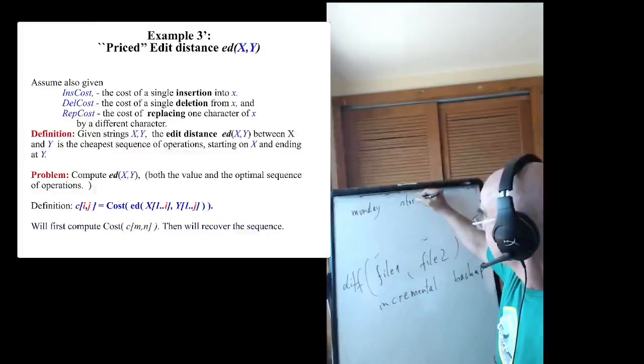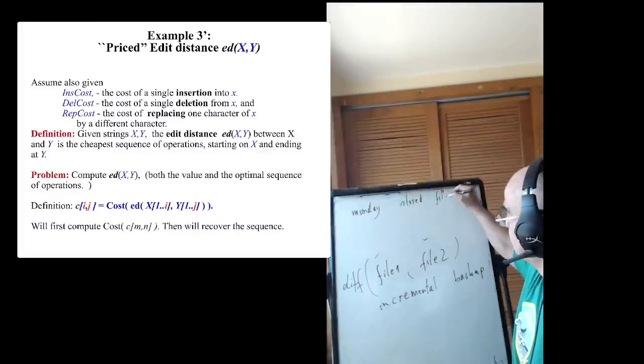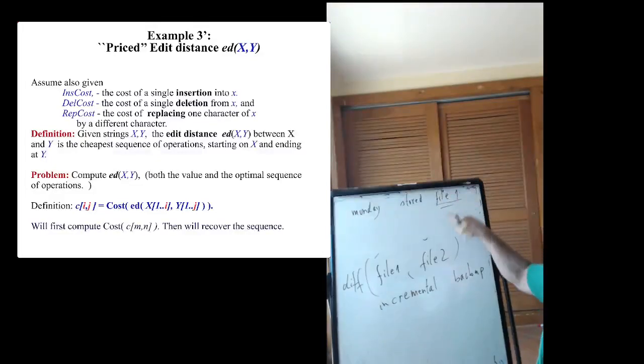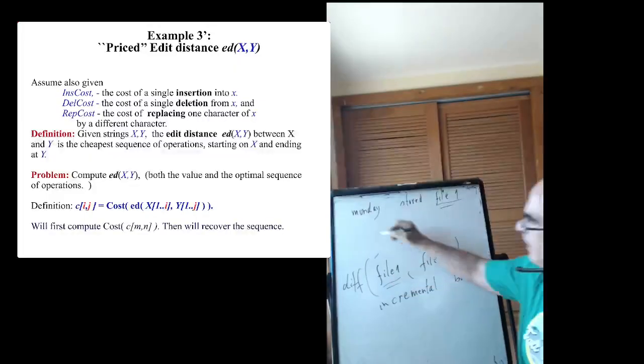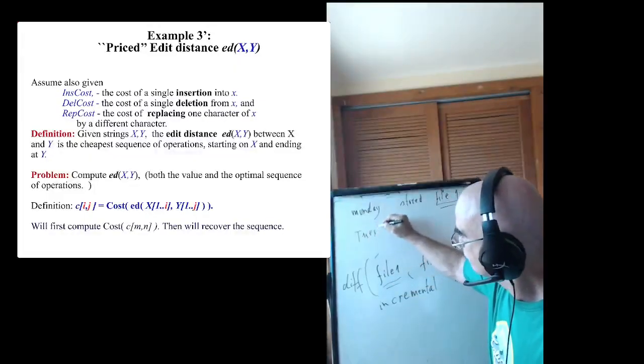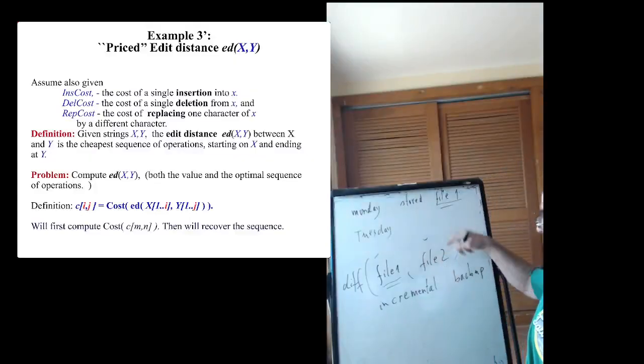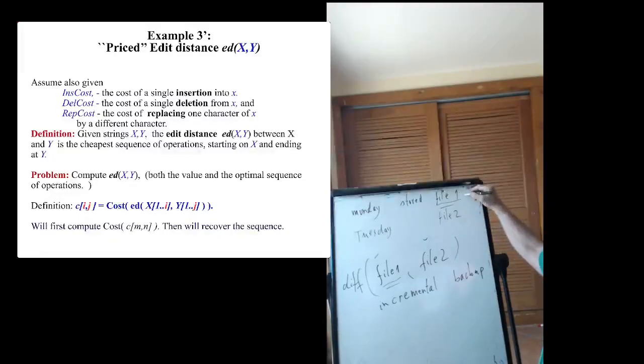I stored file 1, the whole file, as it was given on day 1. Now, on Tuesday, I have file 2, because I worked on file 1, and after a few edits it became file 2. I want to be able to reconstruct file 2 if somebody deletes it or my hard drive crashes.